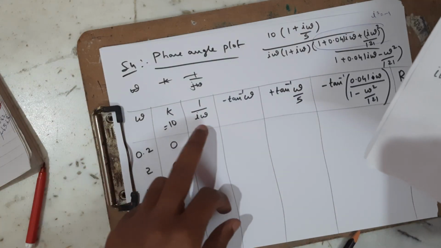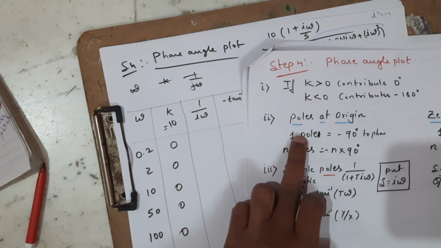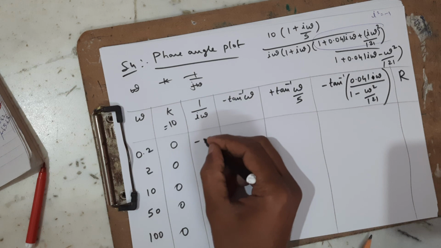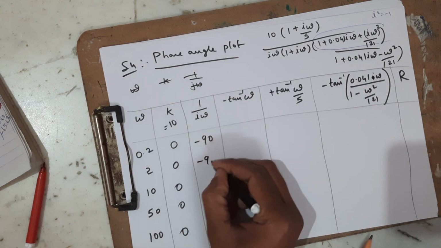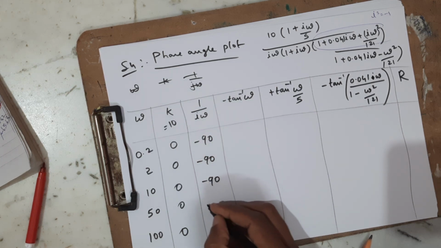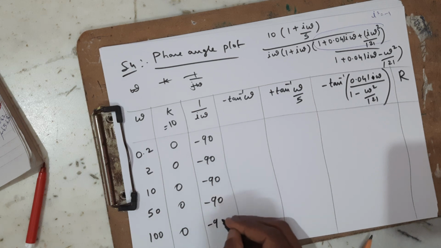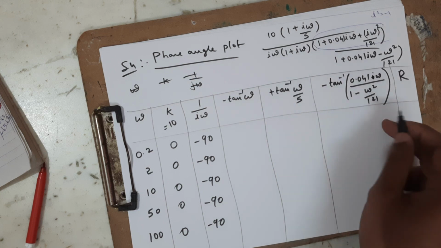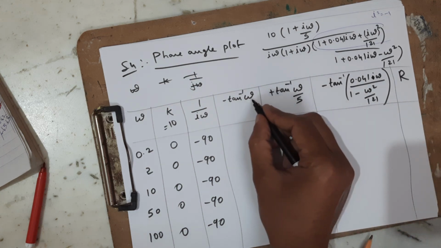Next, we have a simple pole. What is the contribution of one pole at the origin? It is minus 90. So we have one simple pole, contribution is minus 90, minus 90, minus 90, minus 90 and minus 90. Next, we need to calculate these 3 factors when omega is equal to 0.2.